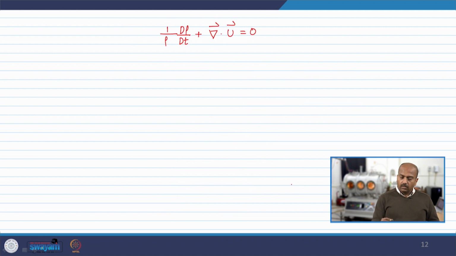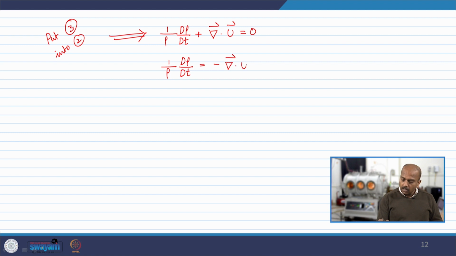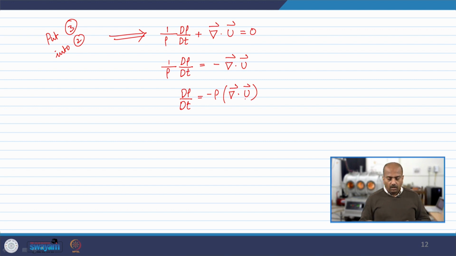So, the idea is to put equation number 3 into 2, which will give you this, right, or 1 by rho d rho over dt is equal to minus del dot u, or capital D rho by dt is rho times minus, we will put minus outside, del dot u, right.